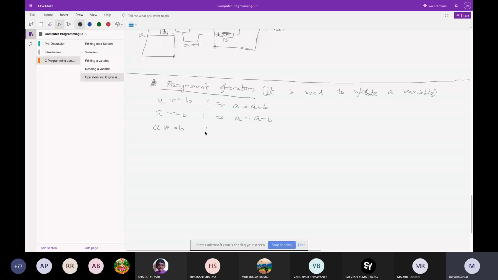A percent equals B, the modulo operator, so A will be A percent B. Or then A and equals B, and A XOR equals B will give you A equals A XOR B.